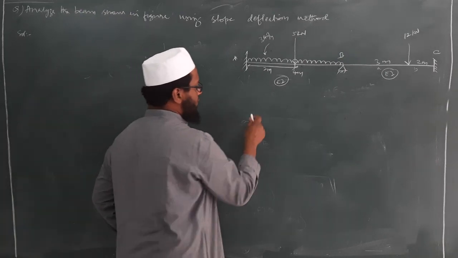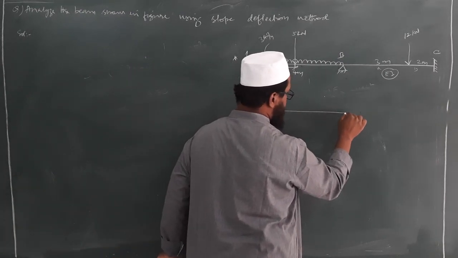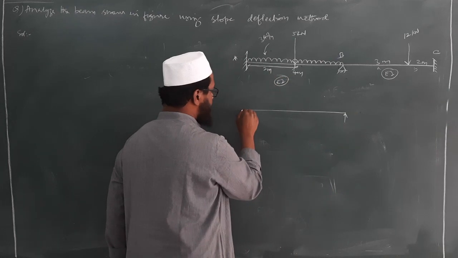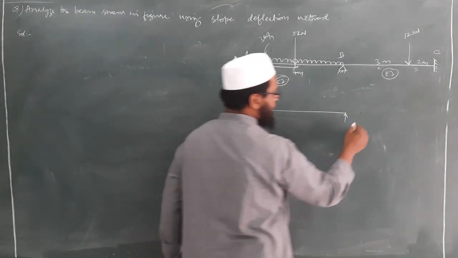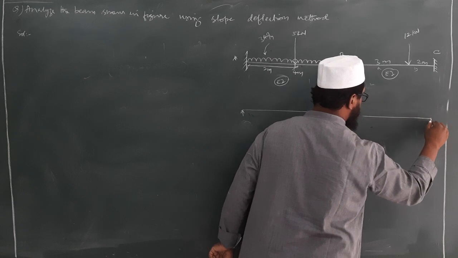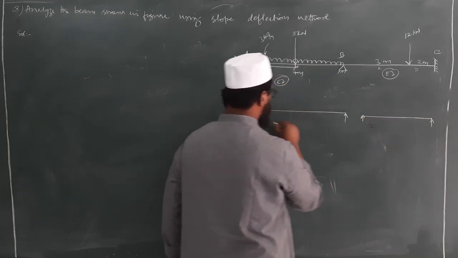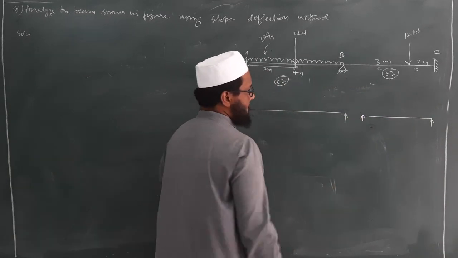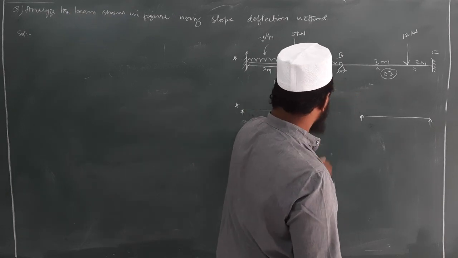How to calculate reactions? We'll do a division, that is, we'll split the beam into two parts. This is A, the span AB is small, right?